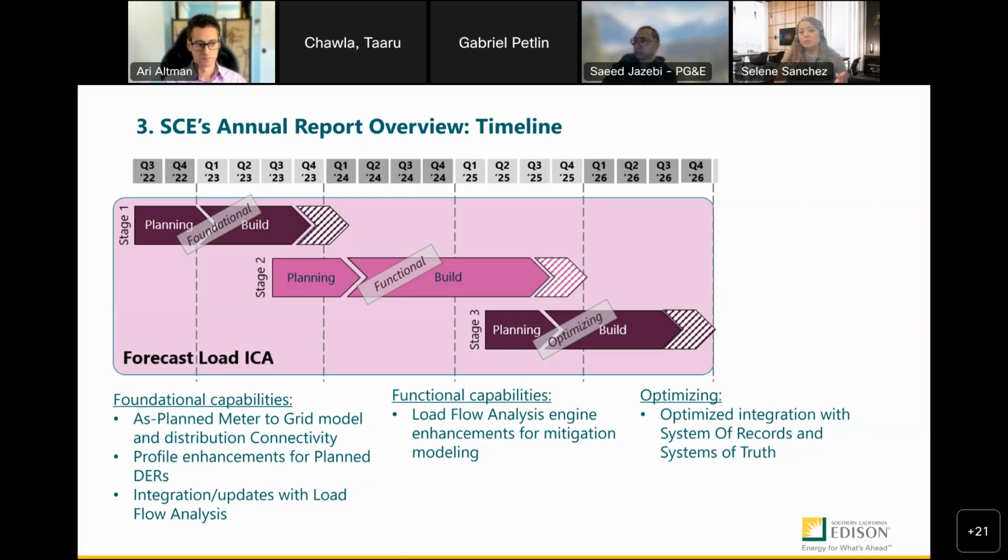As a reminder, ICA was envisioned as a slightly different kind of planning tool, if you will. Well, I can't say planning tool because that's where we want to go, but it's a different tool separate from our system planning process. What we want to do is take those synergies and that information and work towards a convergence of the two.